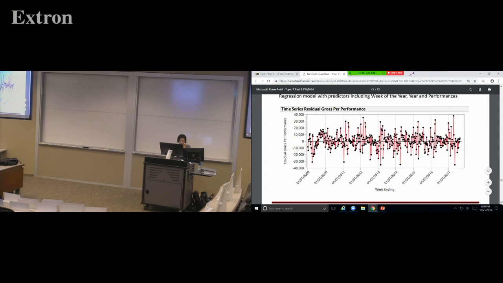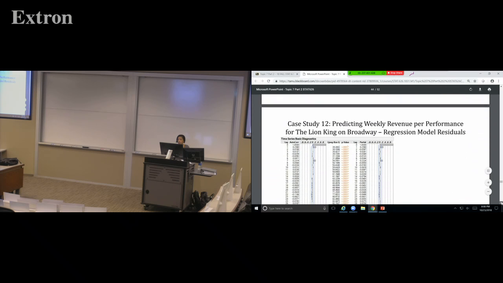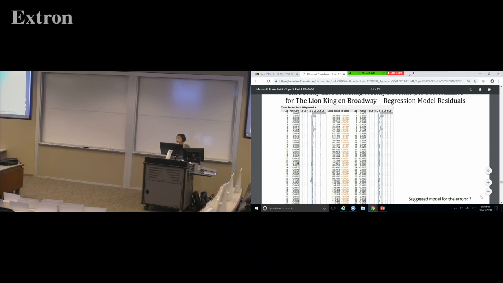So since they do not look like white noise, we should take a look at the autocorrelation function and partial autocorrelation function with the idea of trying to come up with a model to propose for the errors. Okay, so we're looking at the autocorrelation function, partial autocorrelation function for those errors from that regression model. And does anything jump out at you?